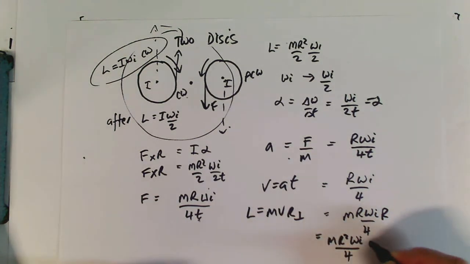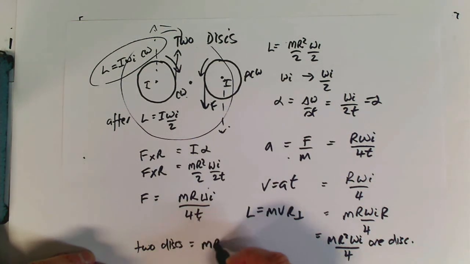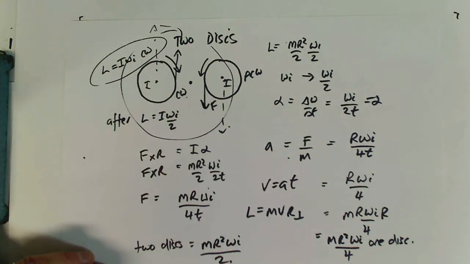So for 2 disks, it's going to be equal to m r squared omega I all over 2. Now if we go back to our original angular momentum for the system, it was equal to I omega I. So that's m r squared over 2 times omega I, which is the same. So it looks like my theory works.